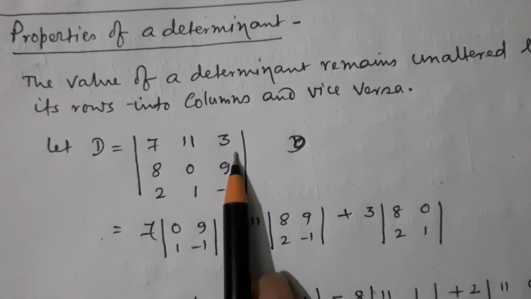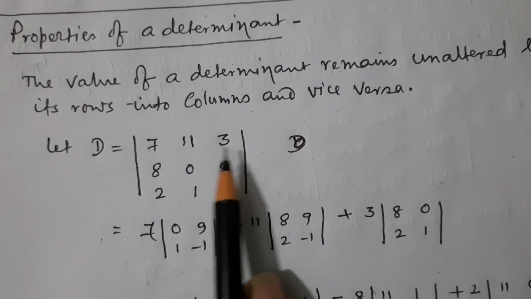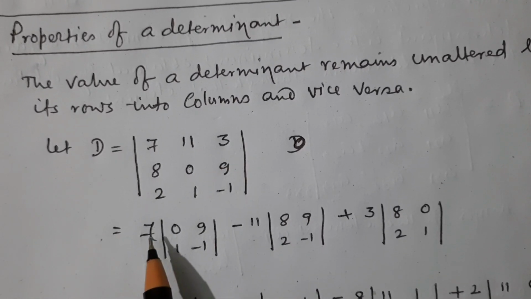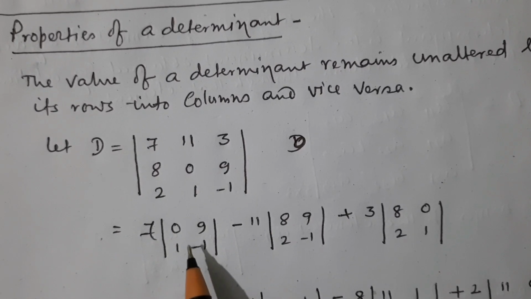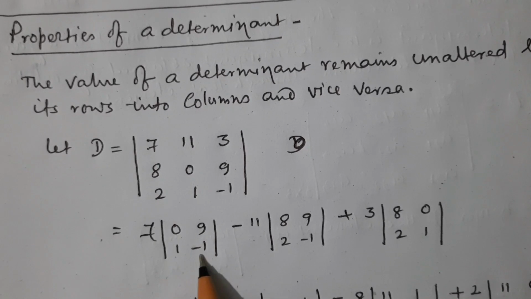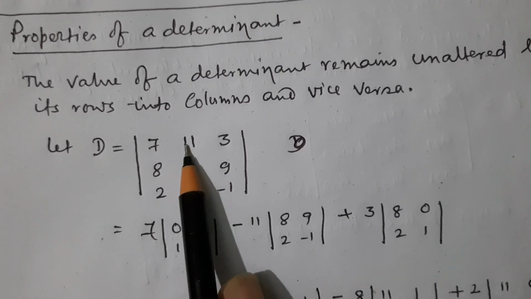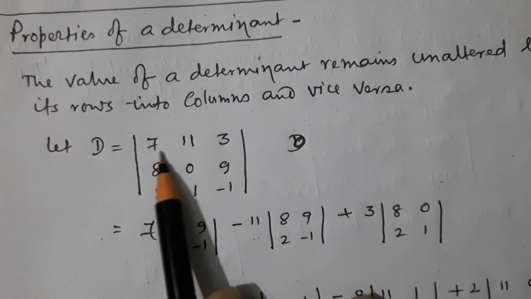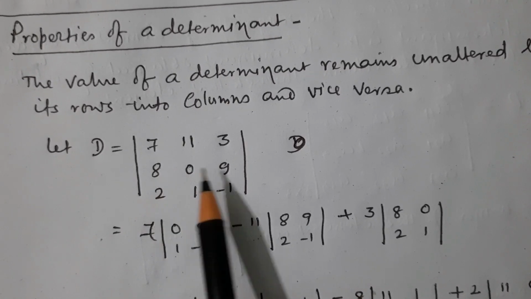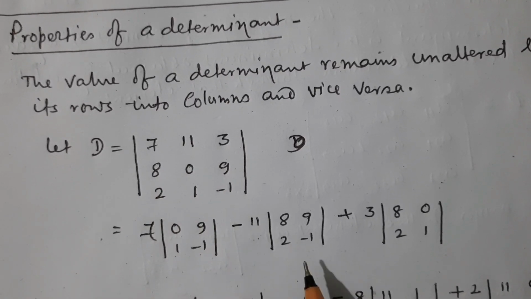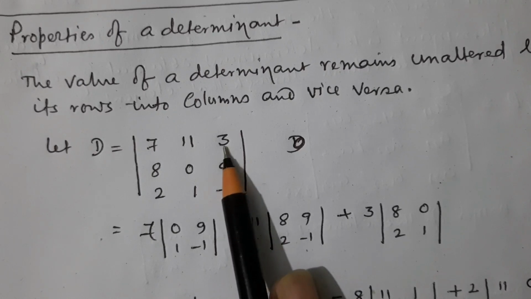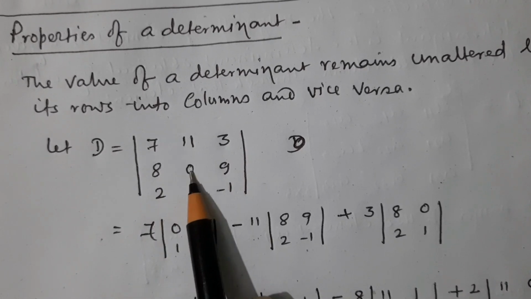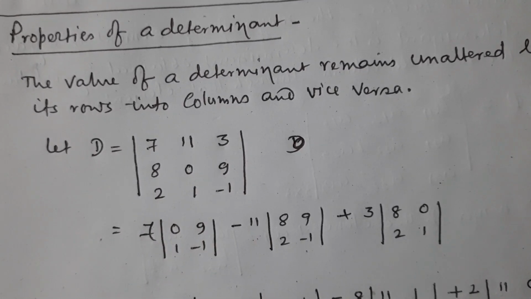This determinant can be expanded with respect to the first row. We get 7 into determinant of 0, 9, 1, minus 1, minus 11 into determinant of 8, 9, 2, minus 1, plus 3 into determinant of 8, 0, 2, 1.